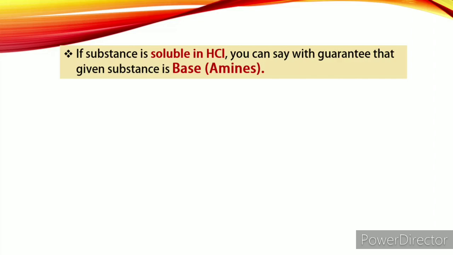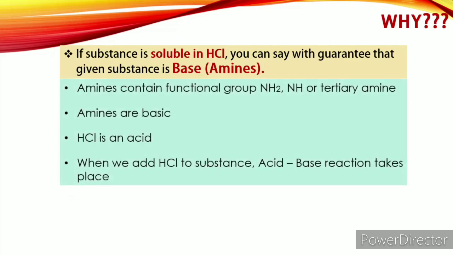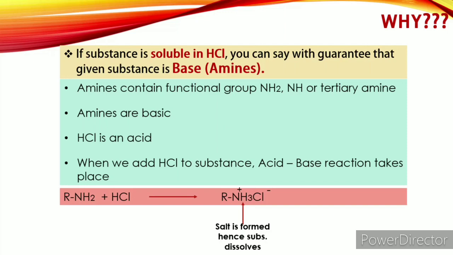So when the substance is soluble in HCl, you will come to know that it is a basic compound, meaning either a primary, secondary or tertiary amine group must be present. Amines are basic in nature, and when we add HCl to it, an acid-base reaction takes place as shown, and due to formation of a salt, amines are soluble in HCl.